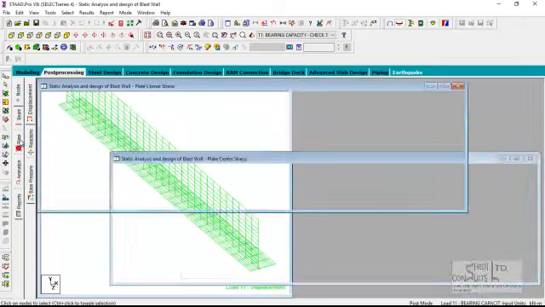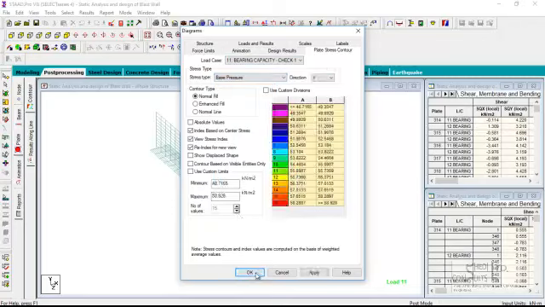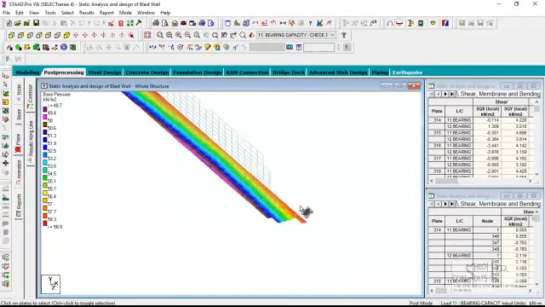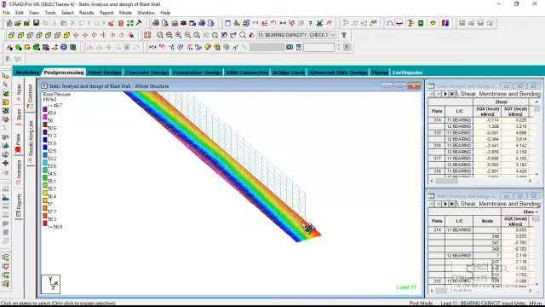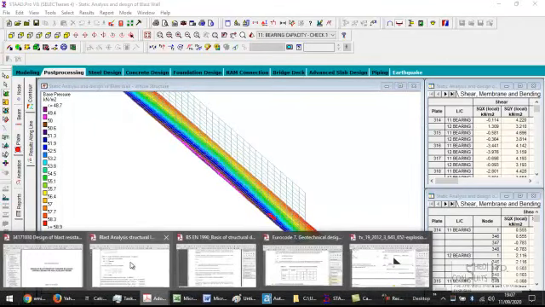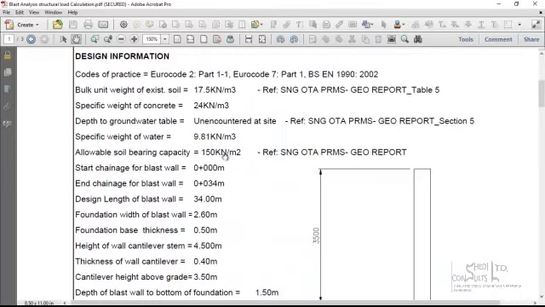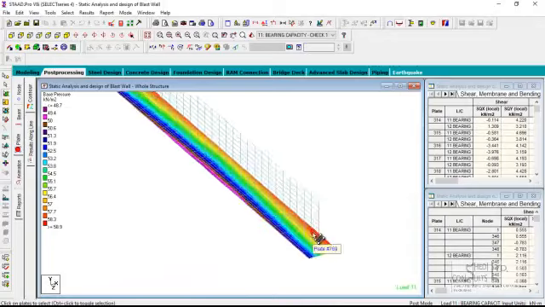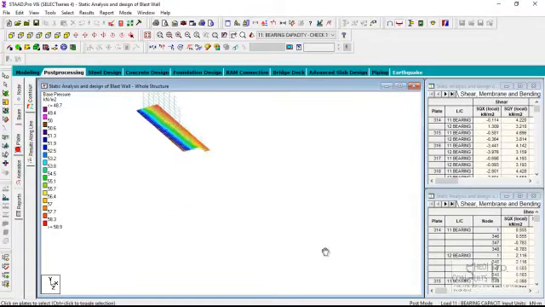The maximum earth pressure we have is about 58.9, and that's quite less than the allowable bearing capacity of the soil. So we are very fine. The allowable bearing capacity of the soil that was used is 150 kilopascal, and 58.9 is less than that, so we are okay.